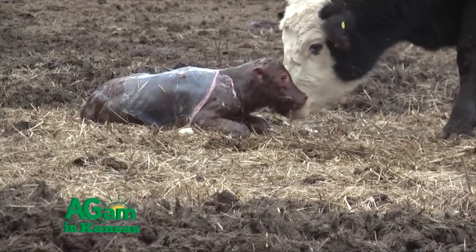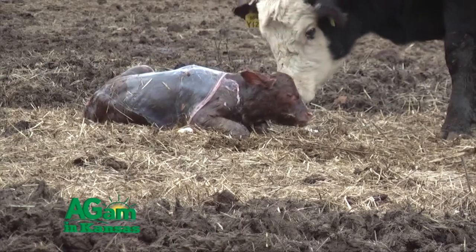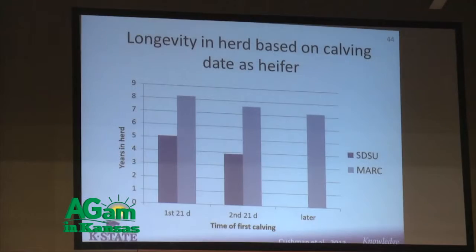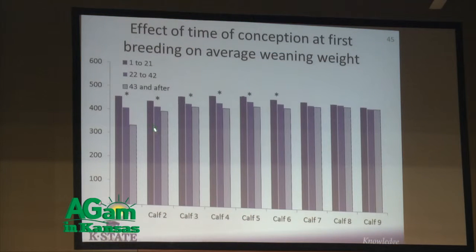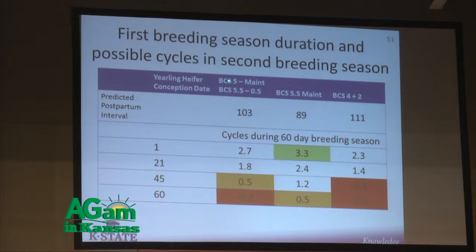As we think about selecting replacement females, choosing heifers that are born early in their calving season has been shown to give a better likelihood of sustained reproductive success because they have a tendency to also calve early in their subsequent calving seasons. So picking heifers that are born early, so they're chronologically the oldest heifers in your replacement heifer pen, they'll have a tendency to be more reproductively successful over time.